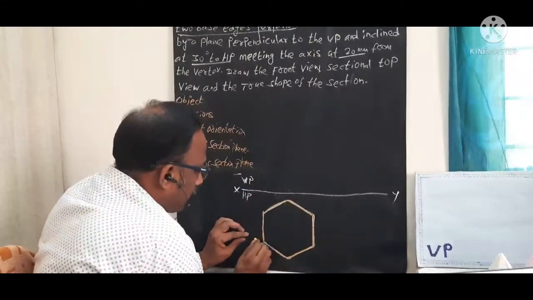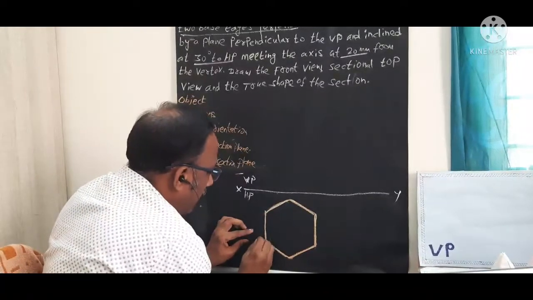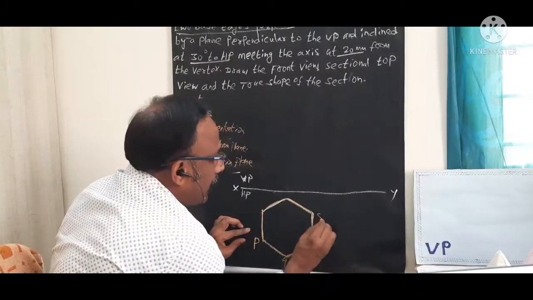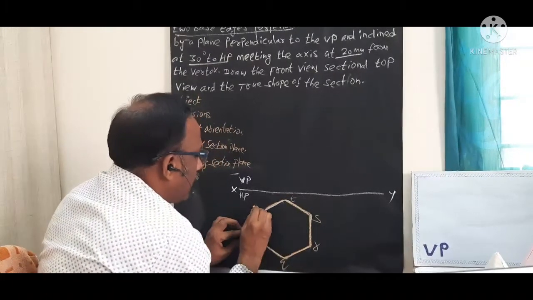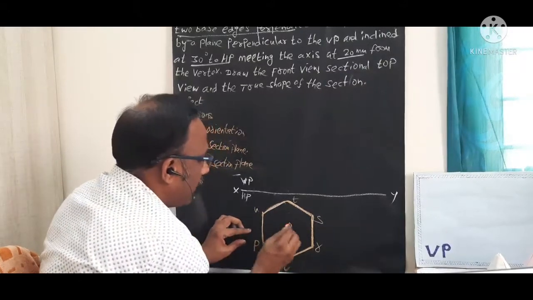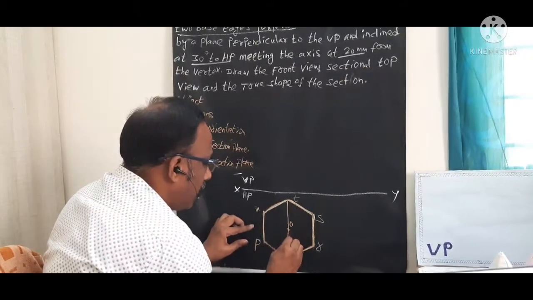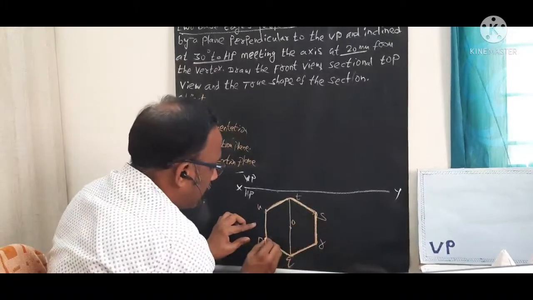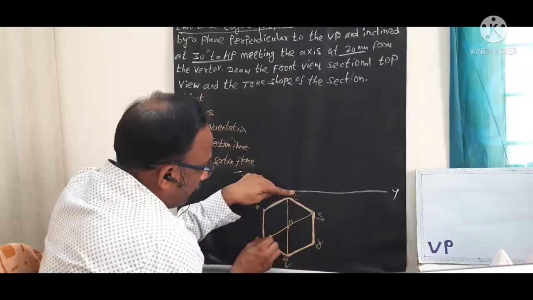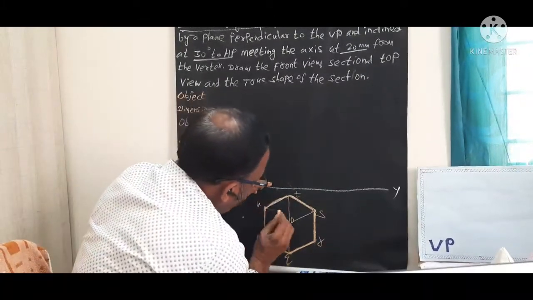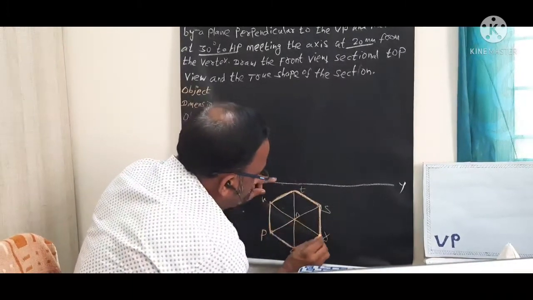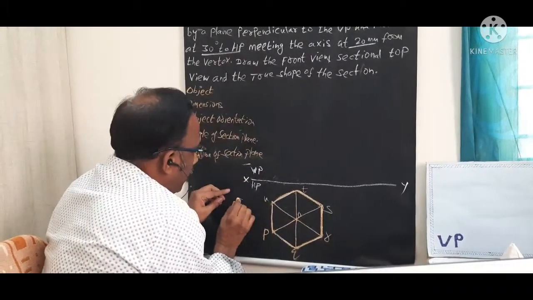I am going to mark this point as P, then Q, R, S, T and U. I need to join with this center point O, right? This is the way we need to join. For a pyramid, we need to connect with O, that is the vertex point. So I have completed the top view. That is step number 1 completed.